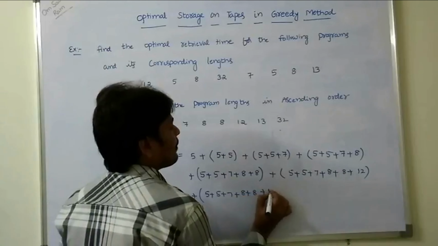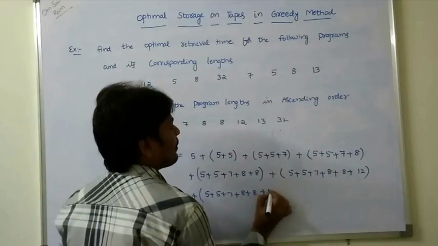Therefore the mean retrieval time is equal to the total retrieval time 230 divided by the number of programs, which is 8. So in this way we find the optimal solution if the number of programs is greater than 4. In this way we have solved this problem.